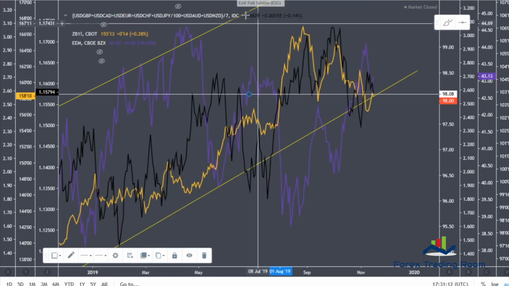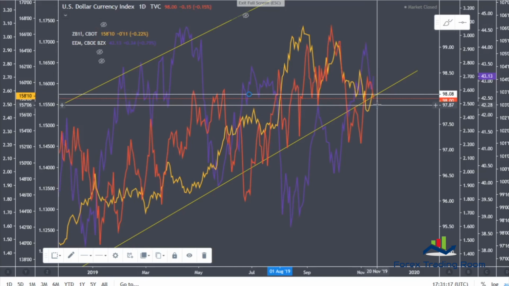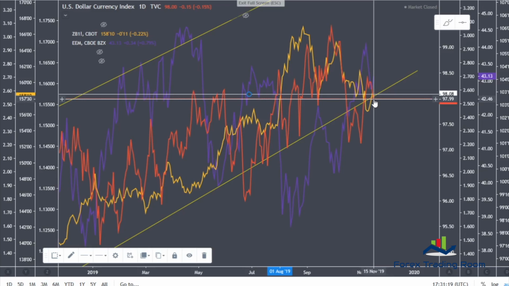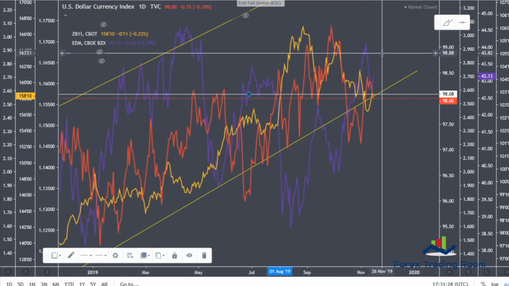So overall, we are looking for a positive breakout on the emerging markets, and we're looking for confirmation on the dollar here. Basically, some of the biggest emerging markets can be China, India, Brazil, Russia, off the top of my head.